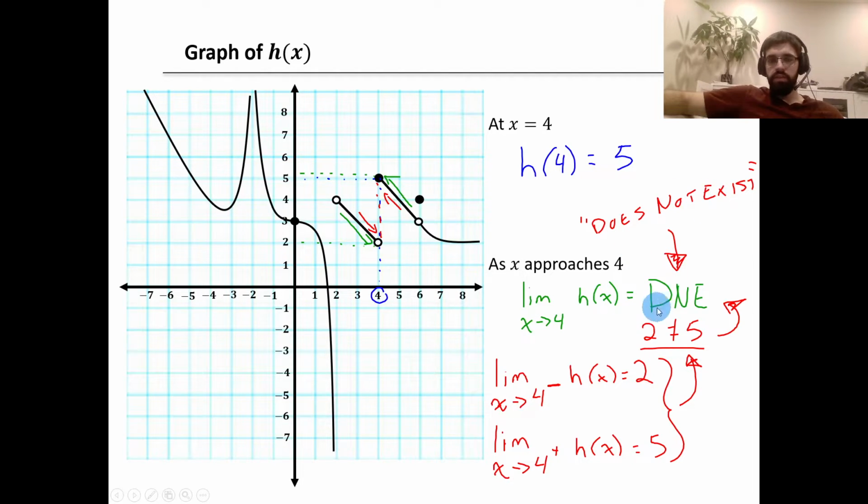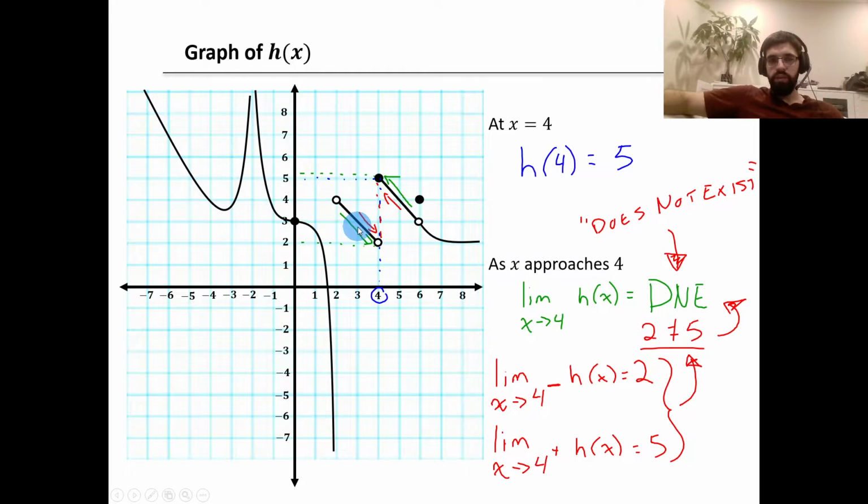And why is that? Because we approach the limit as x approaches 4 from the left, and so this minus sign right here, think of it as being in the place of an exponent on this 4. It's not an exponent, but we're just going to put a superscript of a minus sign attached to this 4 to say that we're looking at the limit as x approaches 4 from the left.